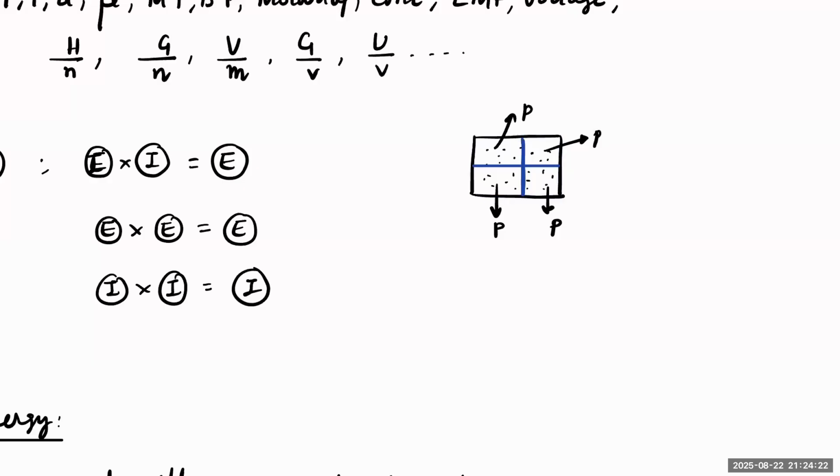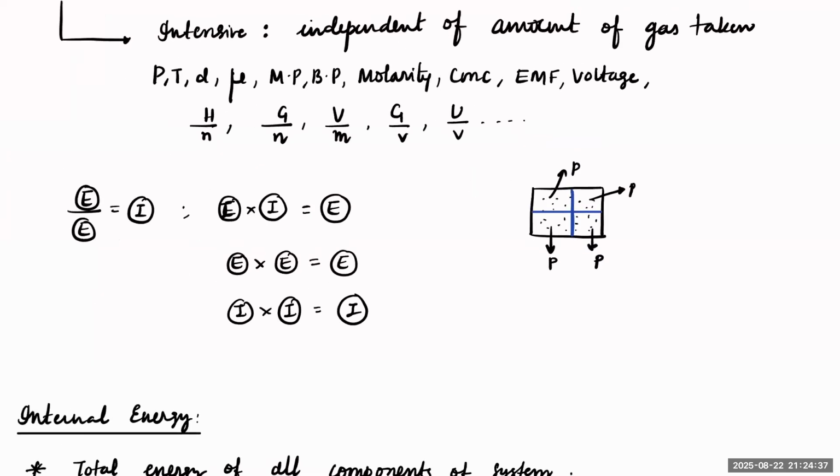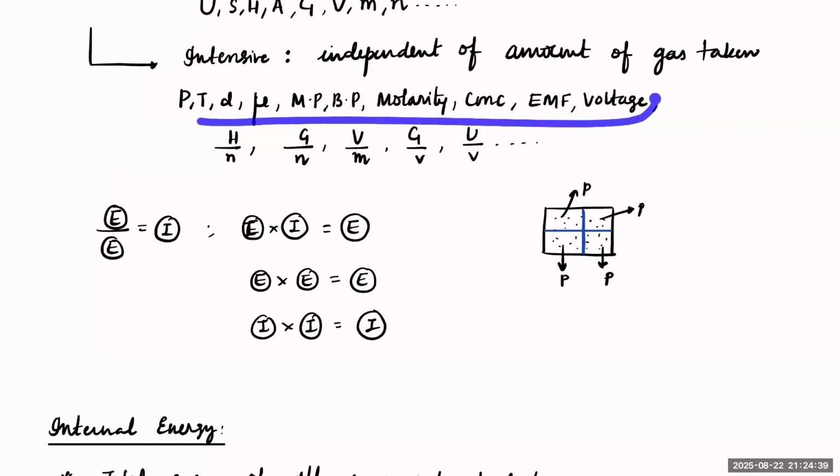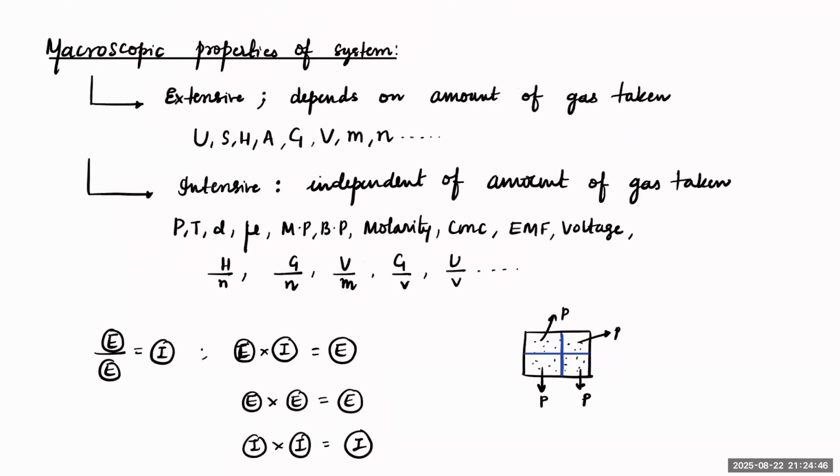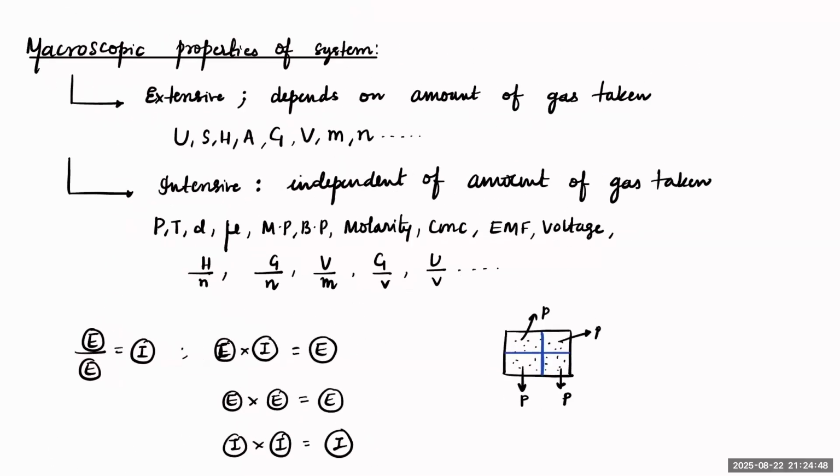But what about the volume? Volume is decreasing every time you change the parameter. Every time you make a partition, the volume will change. The volume in which the particles are occupied will be different now. So these types of parameters that do not depend upon the quantity are called intensive properties. Clear, everybody? What are intensive and what are extensive properties?